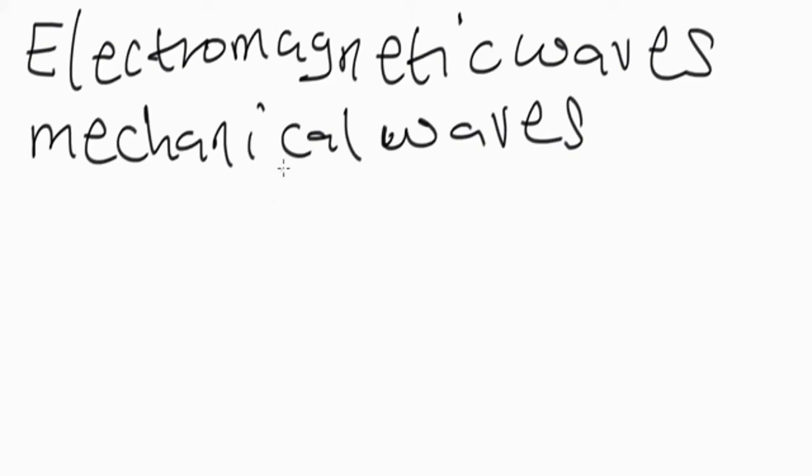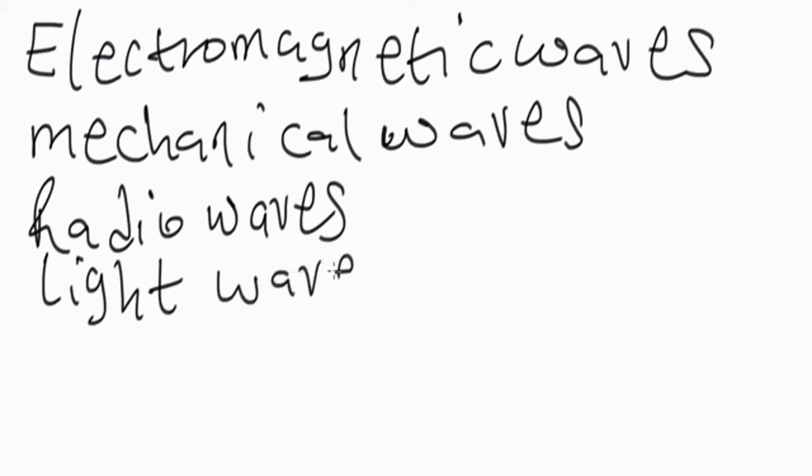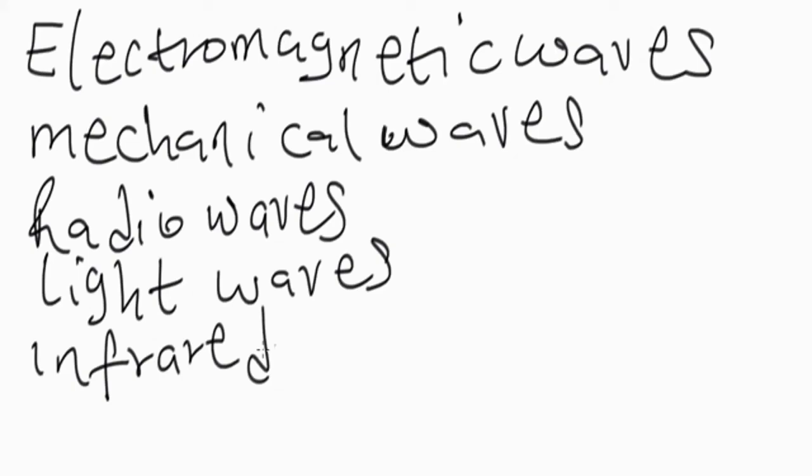Okay, now let's begin with electromagnetic waves. Electromagnetic waves are those waves that don't require a material medium for their production or propagation. A couple of examples: we have radio waves, light waves, infrared waves, that's heat.